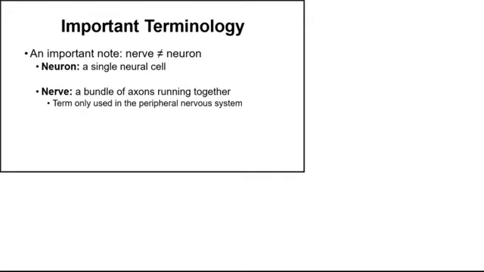That's only for the external stuff or the stuff outside of our central nervous system. Instead, we can call the equivalent of nerves, so those bundles of axons running together, when they occur in the central nervous system, then we call them a tract. And so tract and nerve mean the same thing, but the name specifically tells you where it's located.